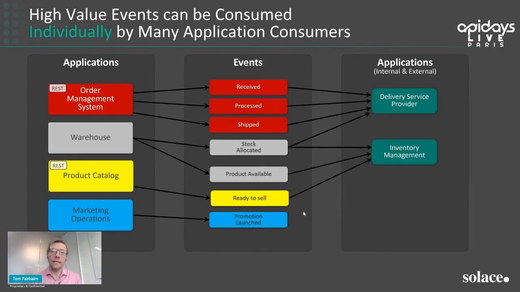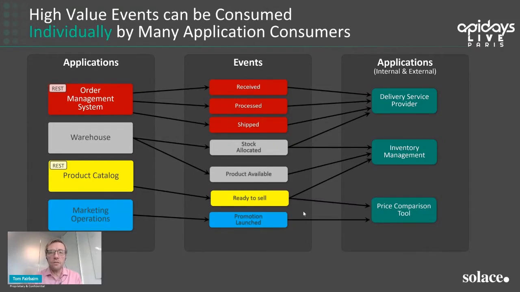Okay, that's fine. So what about inventory management? Well, if I'm allocating stock to an order, I need to take that out of inventory. If there's a new product available that's just coming to the warehouse, or we're ready to ship a completely new type of product, I need to know about that as well. So from our inventory management application, there's another related set of events. Now, notice that they overlap, just in the same way that a system REST API may overlap as well.